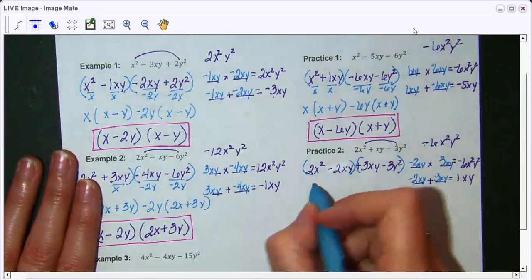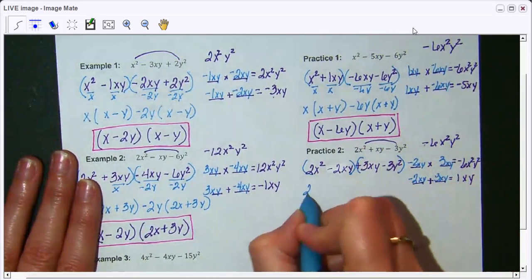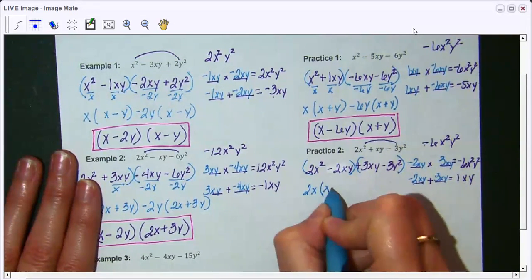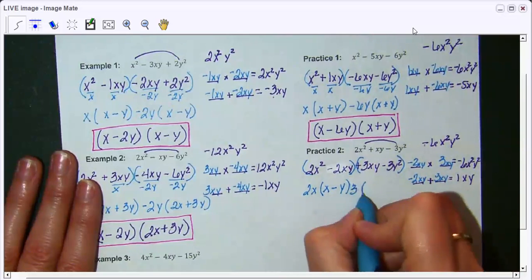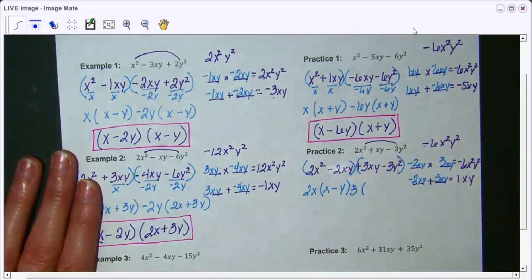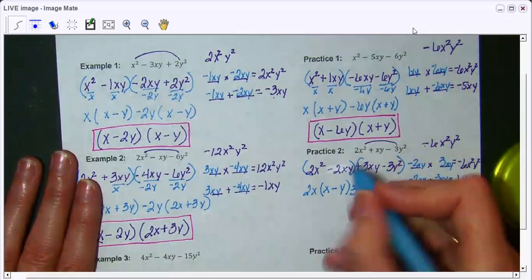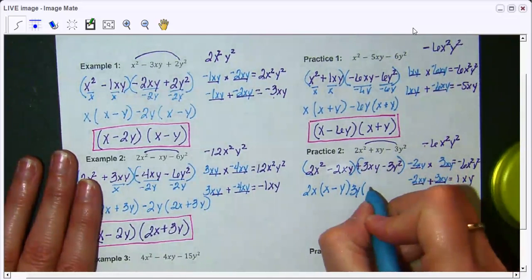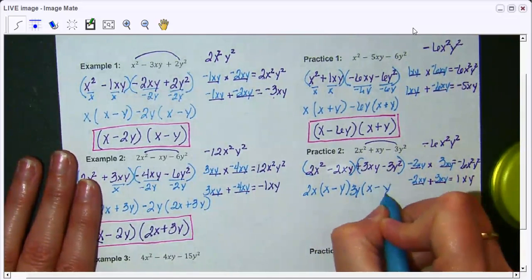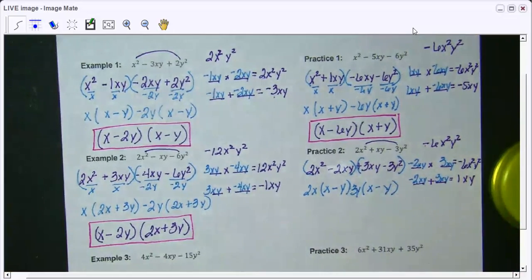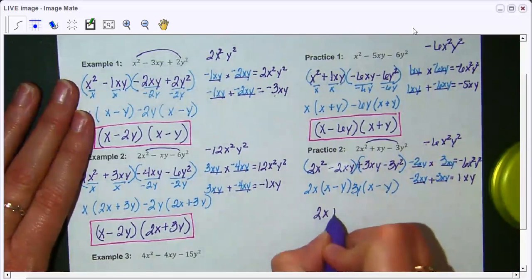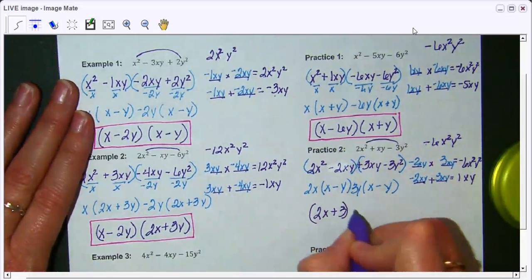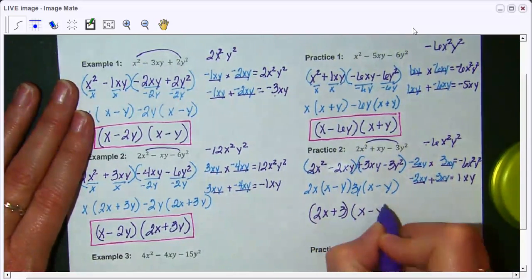Greatest common factor here is a 2x. And we're left with x minus y. Greatest common factor here is a 3. Nope. A 3y. And so we're left with x minus y. So our final answer would be 2x plus 3y, x minus y.